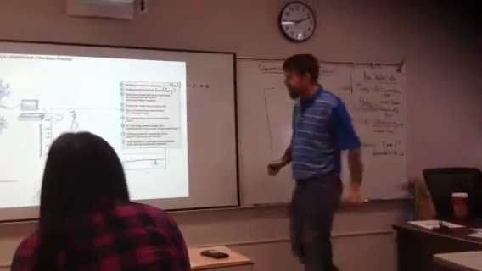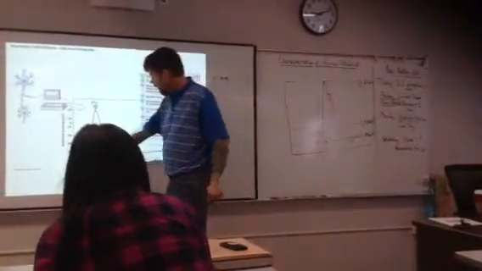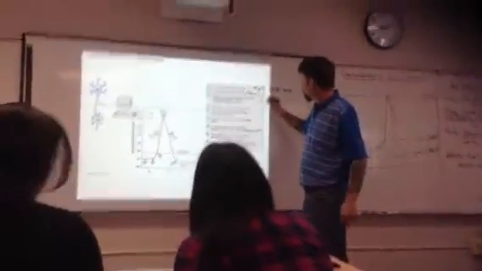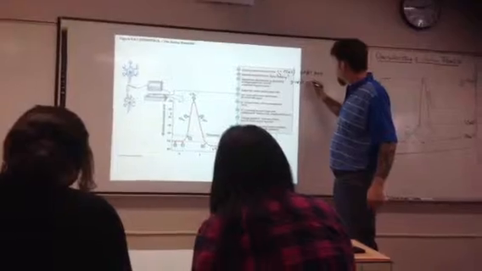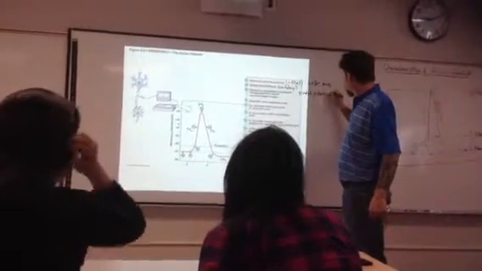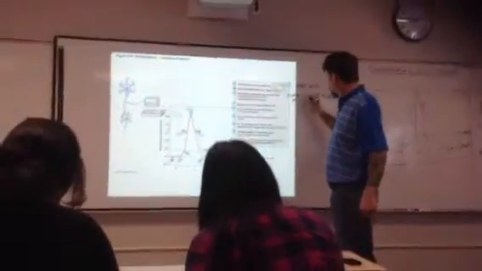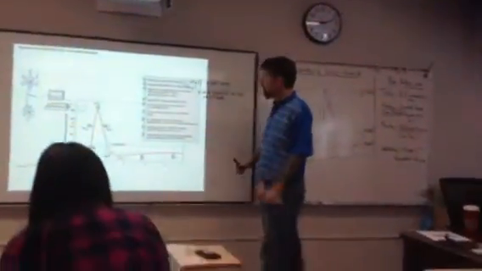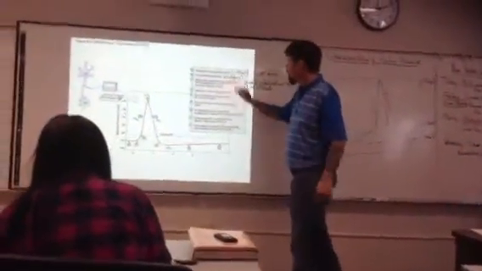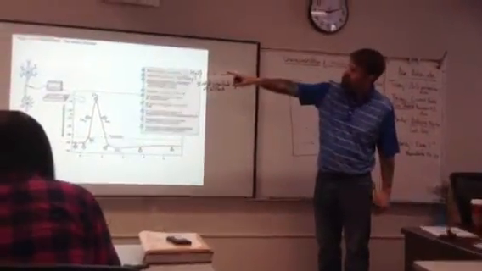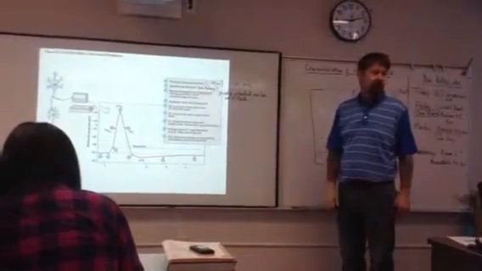At this point right here, we have a graded potential. So we would say a graded potential arrives at the hillock. And since it's at threshold, those gates are going to start to open.